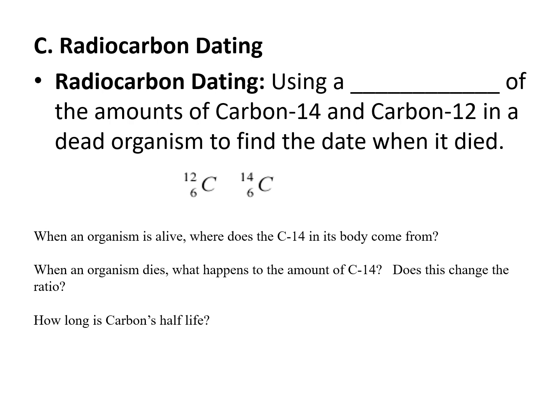Radiocarbon dating is when you're using a ratio of the amounts of carbon-14 and carbon-12 in a dead organism to find the date when it died. So you can look at some old bones or a very, very old tree that has died a long time ago and figure out when exactly it died.